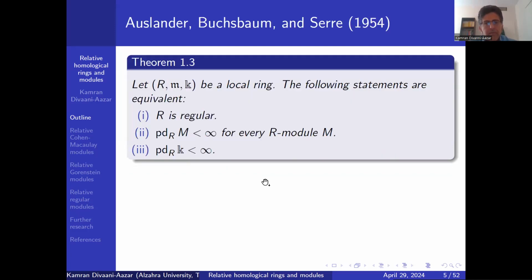So here we have this promised characterization. Let R be a local ring with residue field K. Then the following are equivalent: R is regular; projective dimension of M is finite for every R-module M; and projective dimension of K is finite. These three conditions are equivalent for any local ring.